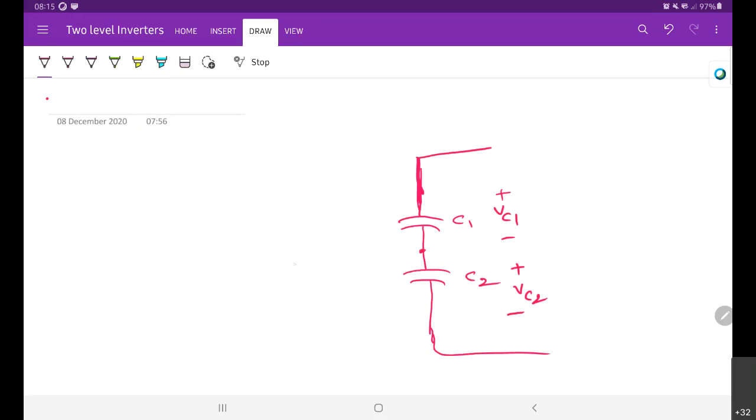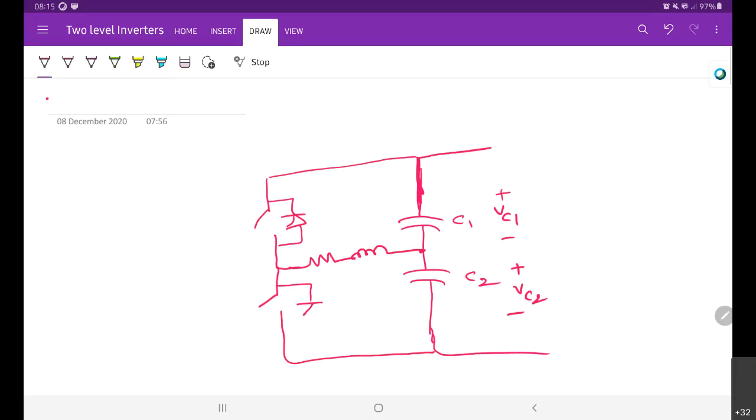We have this chopper circuit. A small resistor is connected just to make sure the power is properly flowing in both the circuits. Let us assume this is SU and this is SL.